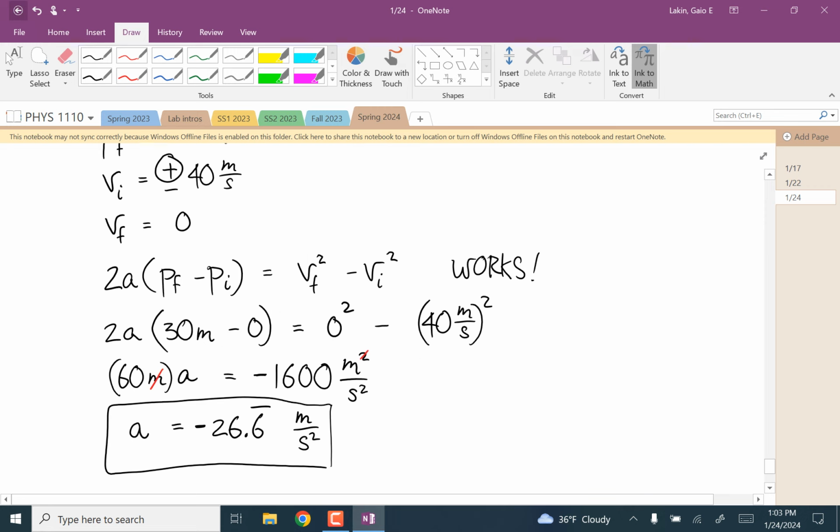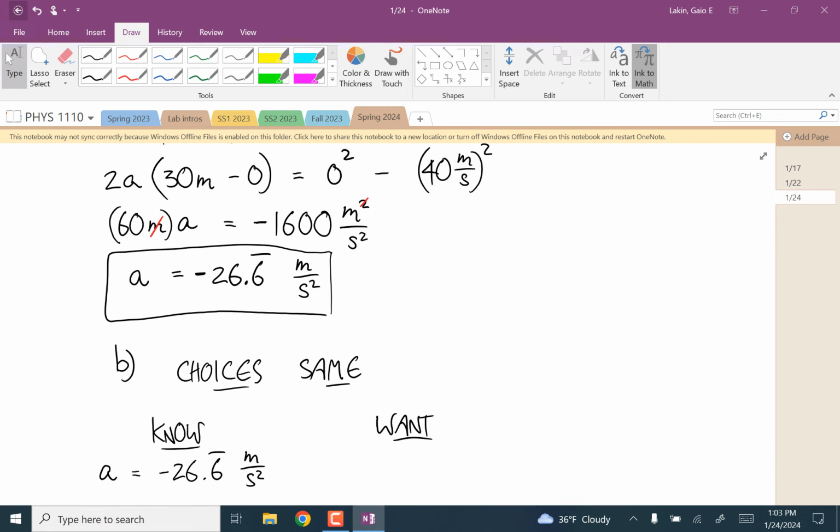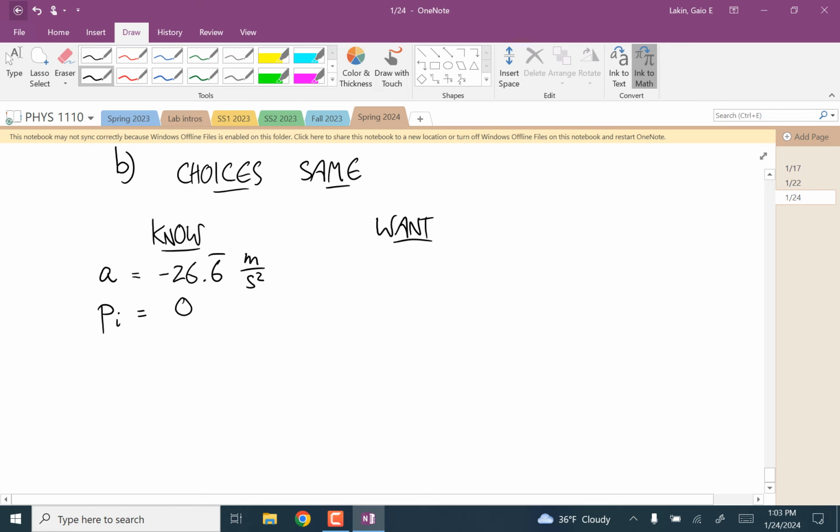Initial position is 0. Final position is 30 meters. Initial velocity is 40 meters per second. Final velocity is 0, and the thing we're trying to calculate is time final.